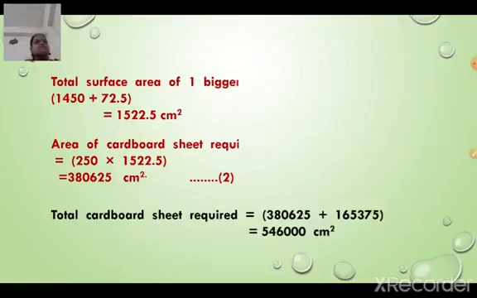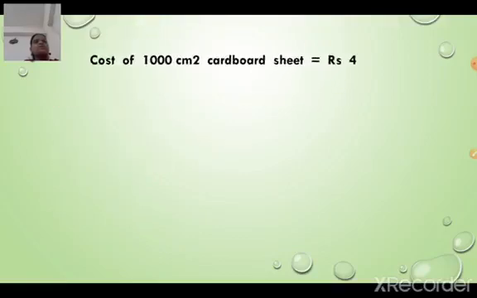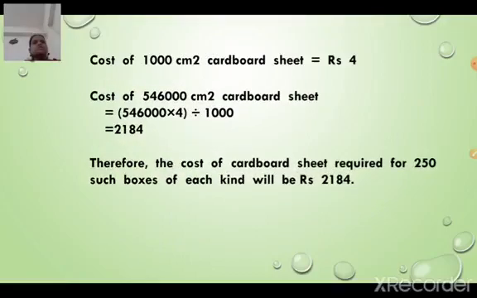Correct? Now let us find out the cost. Now what is given? The cost of 1000 centimeter square cardboard sheet is rupees 4. Is it correct? So which is given. So the cost of 5,46,000 centimeter square cardboard sheet will be required how much? That is 5,46,000 into 4 divided by 1000, because the value is given for 1000 centimeter square, so we will divide by 1000.